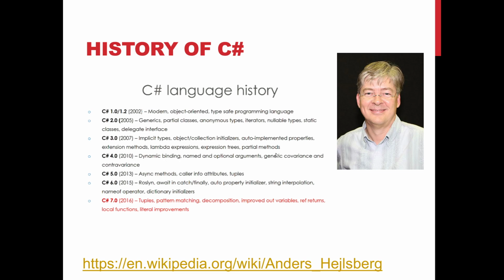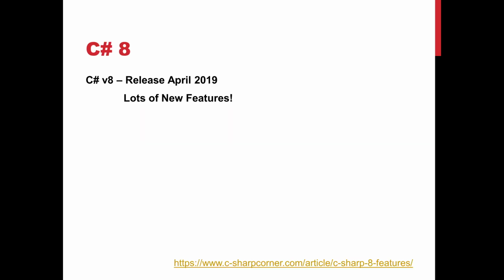And then, while we're making the course, we have C Sharp version 8, which has a lot of new features, and you can read about it in this article. It was released in April 2019. So we're with Visual Studio 2019 that we're going to be using.